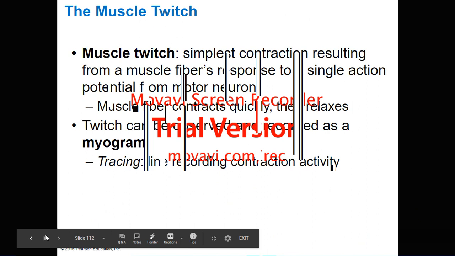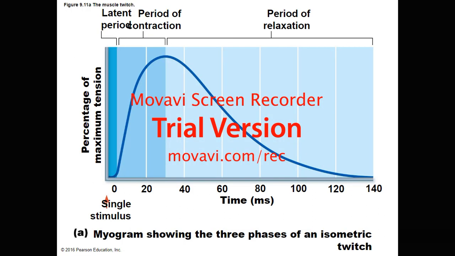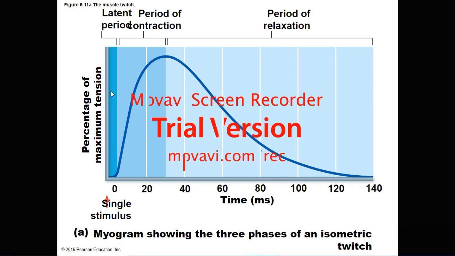All right, so this is a myogram showing the three phases of an isometric twitch. You have the latent period, and that's the first few milliseconds following stimulation when the excitation contraction coupling is occurring. During this time period, cross bridges begin to cycle, but muscle tension is not yet measurable.